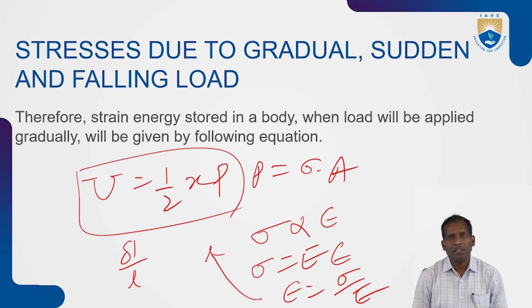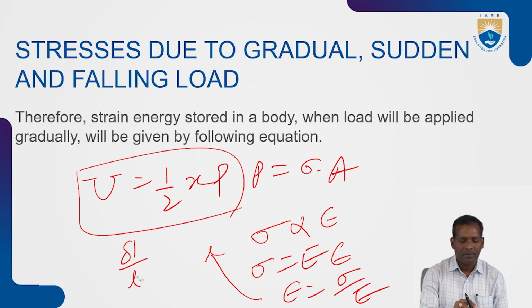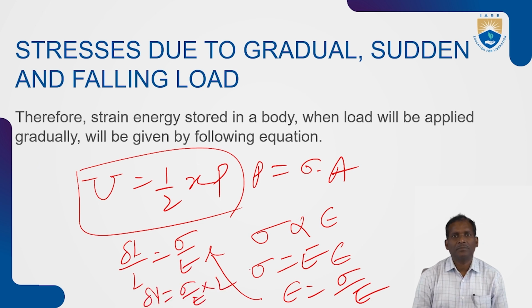Here change in length is X and original length is L, equal to sigma by E. So delta L is equal to sigma by E multiplied with L.